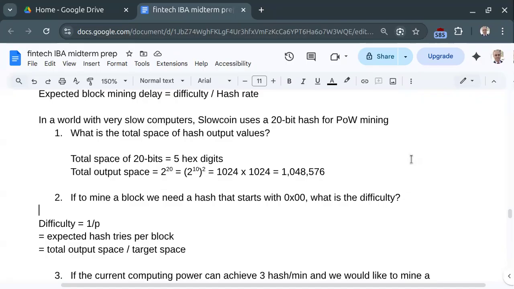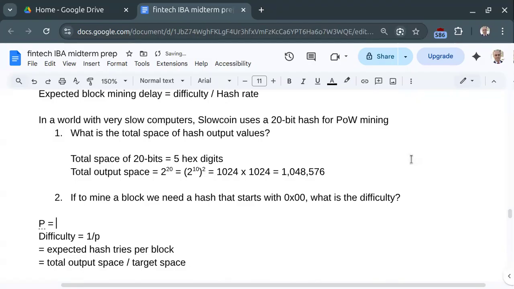So if I define by p the probability of a winning hash, then the difficulty is 1 over p. Another way of calling the probability of a winning hash is the number of blocks that you're going to get per hash, right? How many blocks do you expect to get per hash? Of course, you're going to get much smaller than one, right?